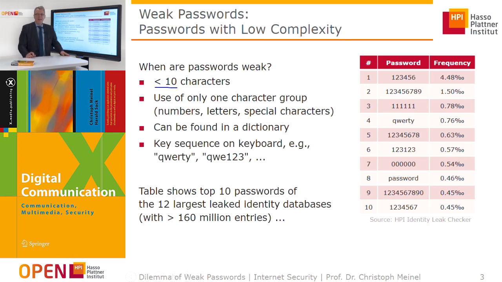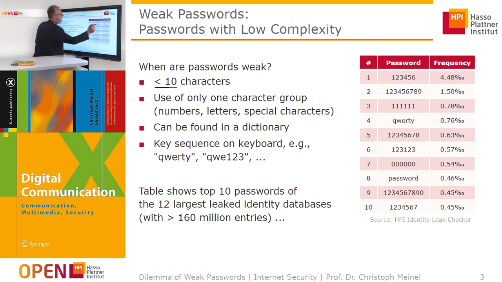The table shows the 10 top passwords of the 12 largest leaked identity databases. You remember we at HPI collect such data leaks to use them as a basis for our identity leak checker. So we have some insights, and we analyzed the usage and how often such passwords occurred, and it was very, very astonishing for us.